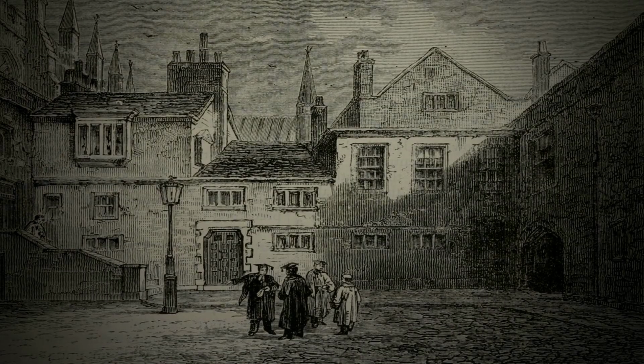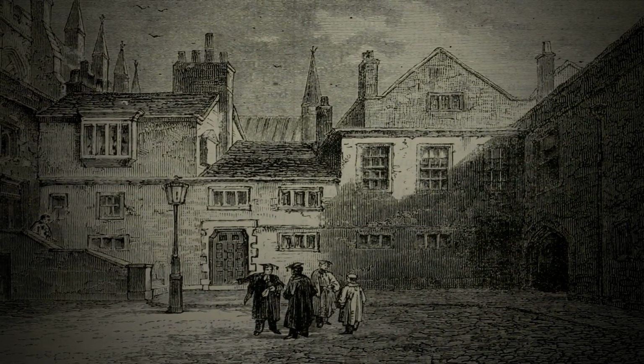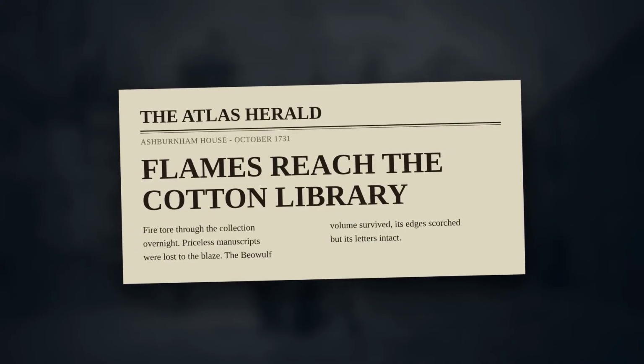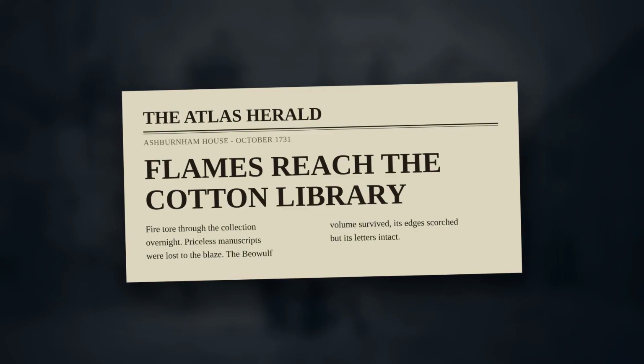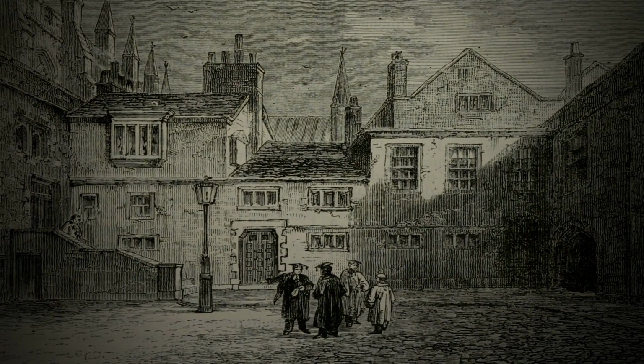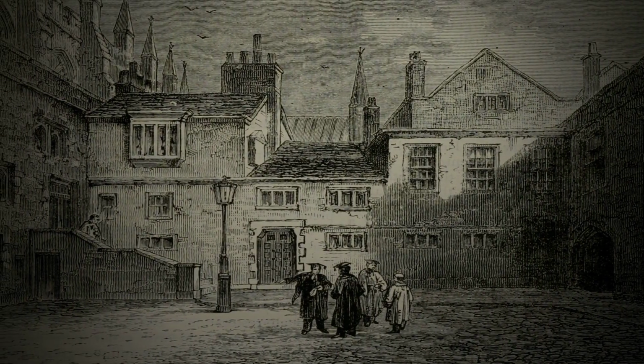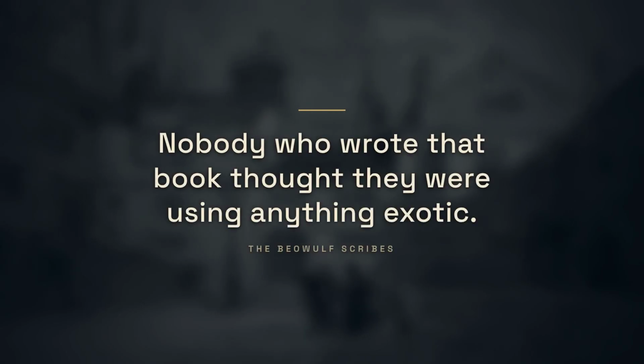That very volume survived a fire in 1731 at Ashburnham House, which scorched its edges and destroyed other manuscripts around it, so the letters on those singed pages are lucky to exist at all. Nobody who wrote that book thought they were using anything exotic. They were just writing English the only way they knew how.